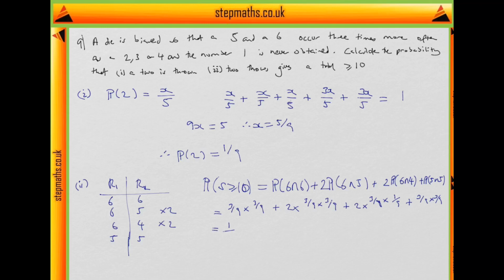That's equal to 1 over 81 times 3 times 3 is 9, plus 2 times 3 times 3 is 18, plus 2 times 3 is 6, plus 3 times 3 is 9. 9 plus 18 is 27, plus 6 is 33, plus 9 is 42, so it's equal to 42 over 81, and that comes out to give us an answer of 14 over 27.